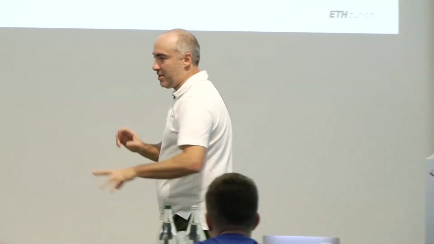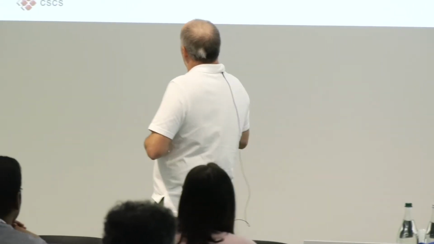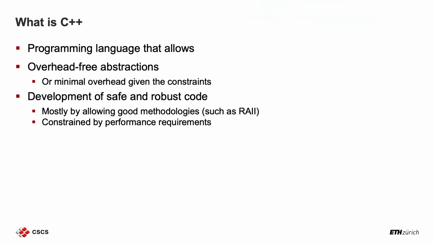You see the registers, the memory, the cache. The user sees, oh, how beautiful, matrix, matrix, multiply, right? So we build abstraction layers. Overhead free means that in many cases you can avoid any overhead, but given the constraints you might have on some other side, there might be a small one, but still, you can control it.